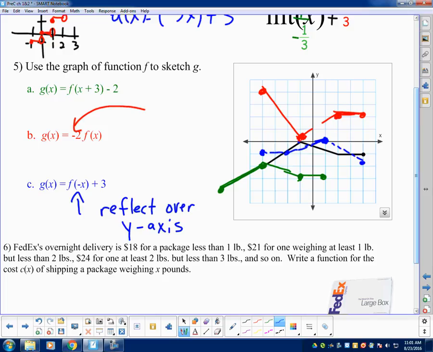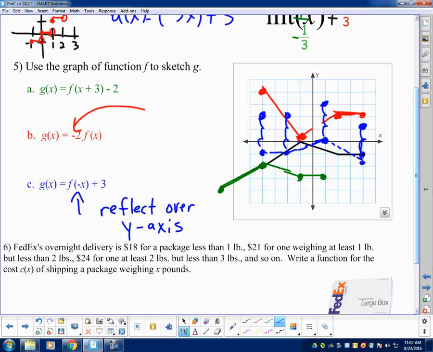Then we're going to move everything up 3 units. So counting from here up 1, 2, 3 units, and 1, 2, 3 units, 1, 2, 3 units, and let's see, 1, 2, 3 units to right here.